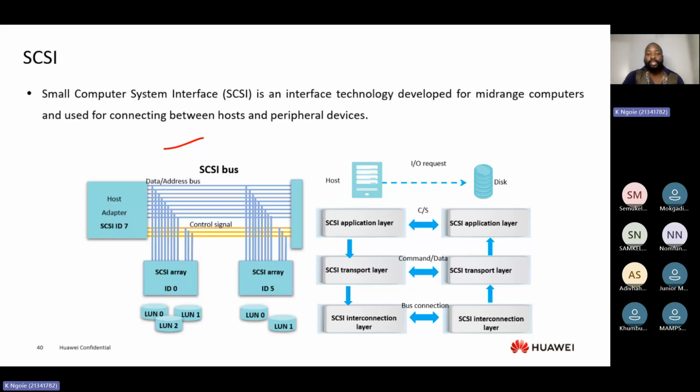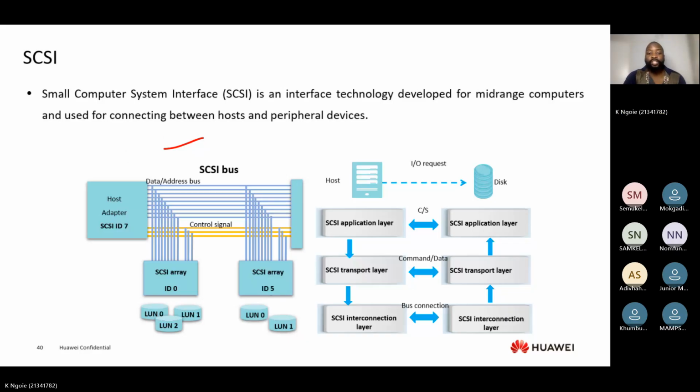The SCSI is kind of a translator between computers and storage. Think of SCSI as the language used between computers or servers and storage devices. That language is called SCSI.